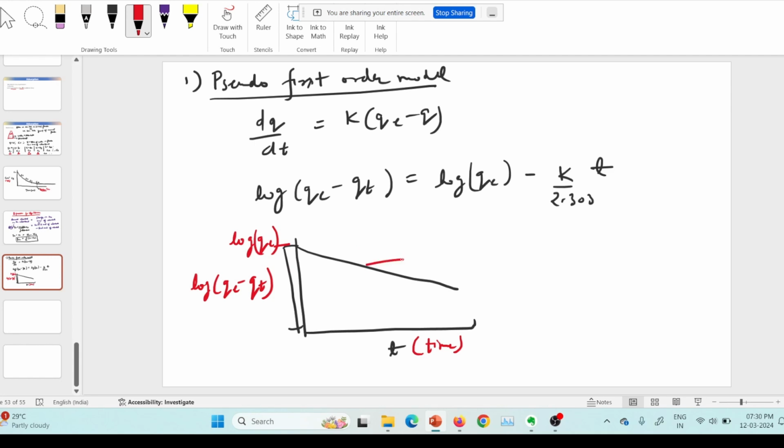And the slope will be k divided by 2.303. So this is pseudo first order.